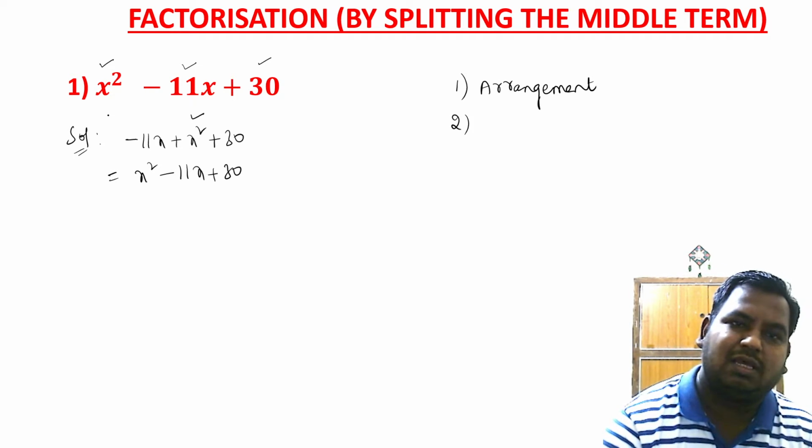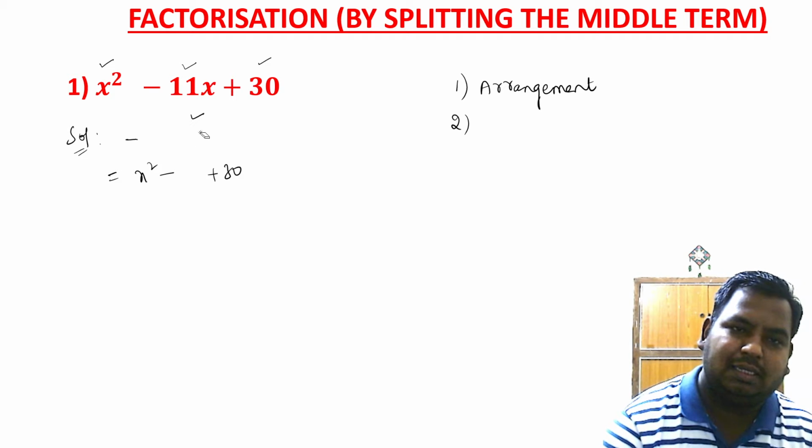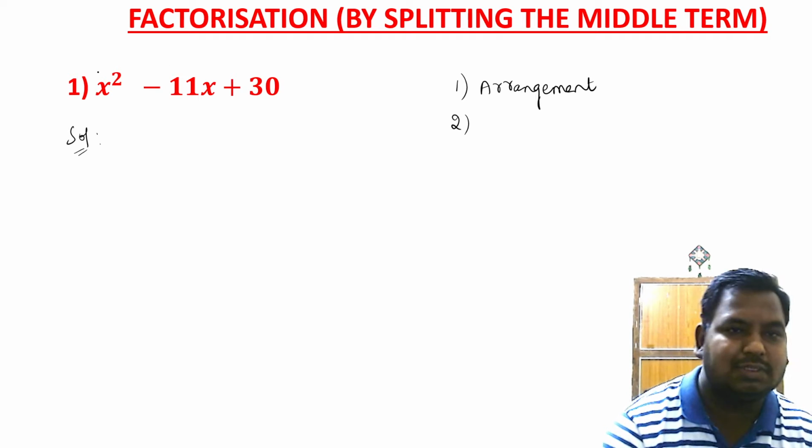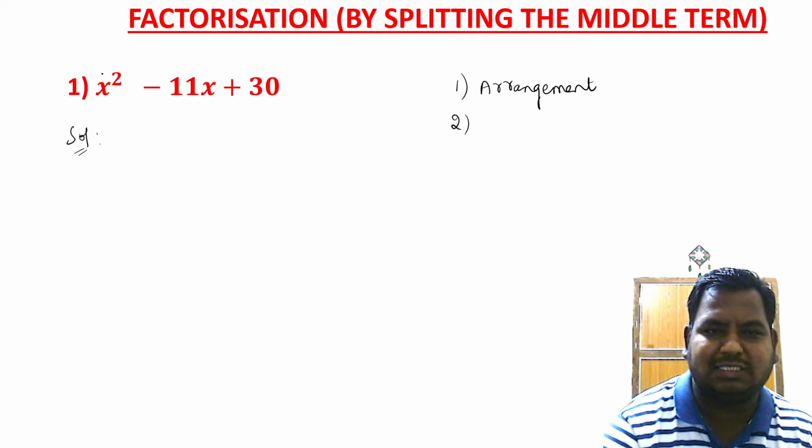Second step is we have to multiply the first term and the last term. First term is x square, last term is 30.